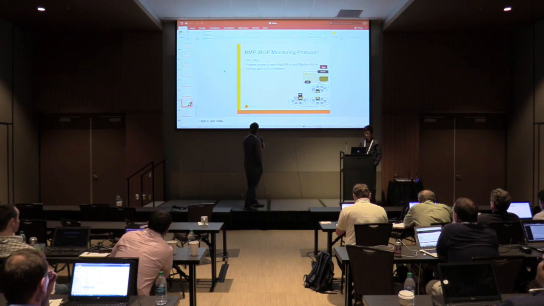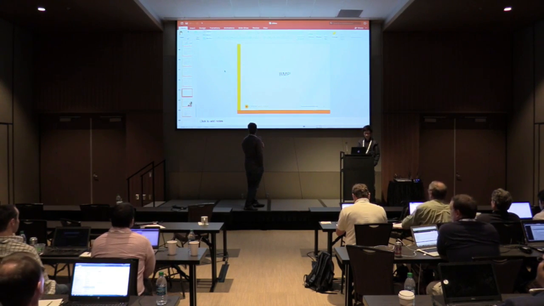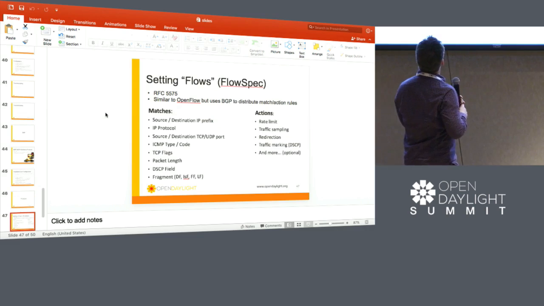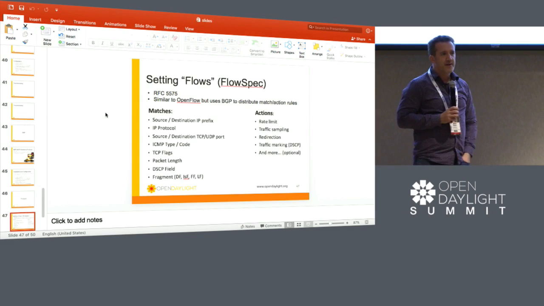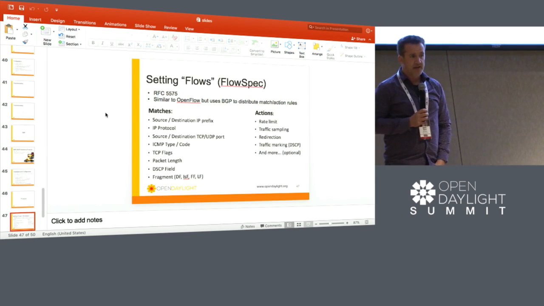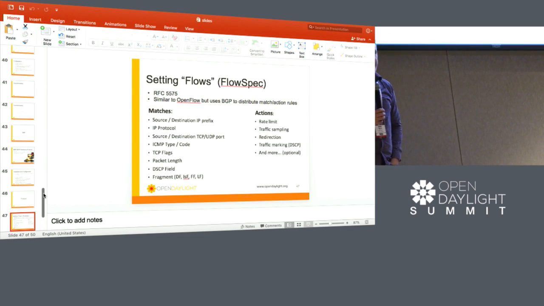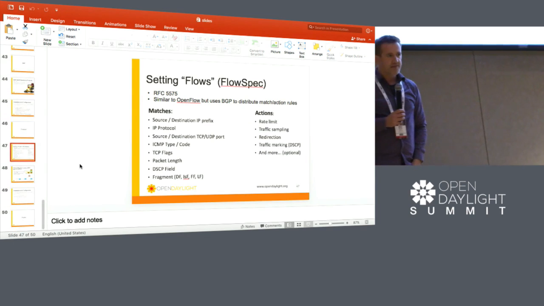Should we do flow spec? Again, probably not time to demo it, but flow spec is just another address family, or 2 more address families, because there's V4 flow spec and V6 flow spec. All flow spec really is, is a way of doing OpenFlow-ish stuff using BGP.